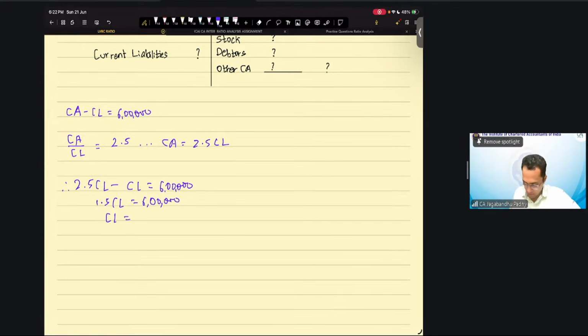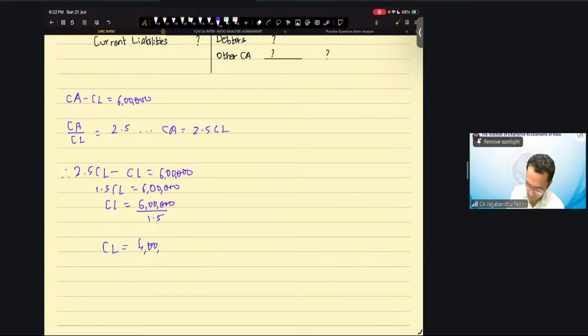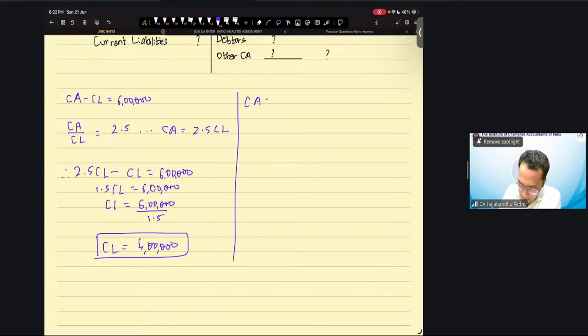So what is current liability? It is 6 lakh divided by 1.5. How much is your current liability? 4 lakh, correct. So we got the current liability as 4 lakh, and current asset is 2.5 times current liability, so 2.5 into 4 lakh is 10 lakhs.